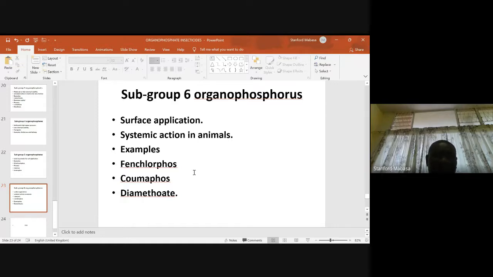So these are some of the wide range of organophosphates. We have various types of these organophosphates, which you may need to pay attention to.